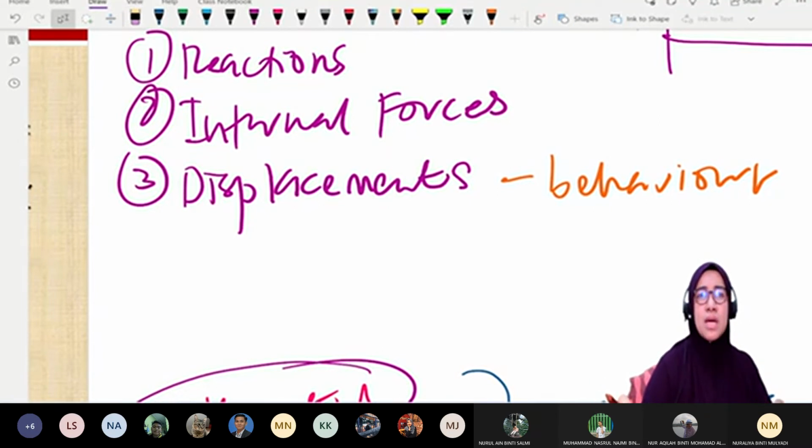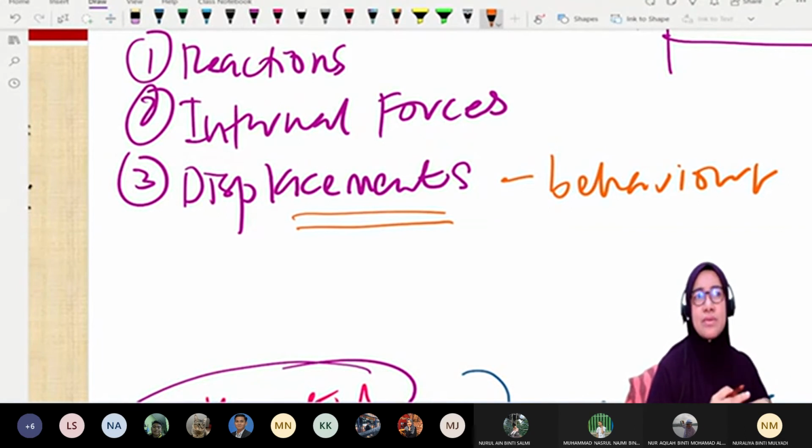Of course, inside the standard, dia ada clause yang mention displacement cannot exceed certain value. Under design you have to consider the real condition, and the difference is that in analysis we simplify things.